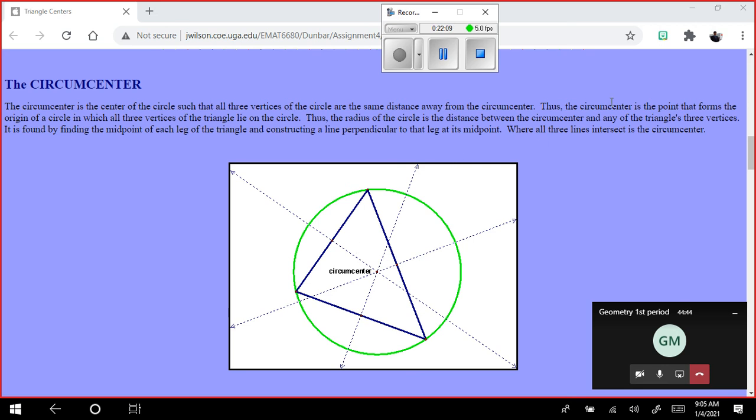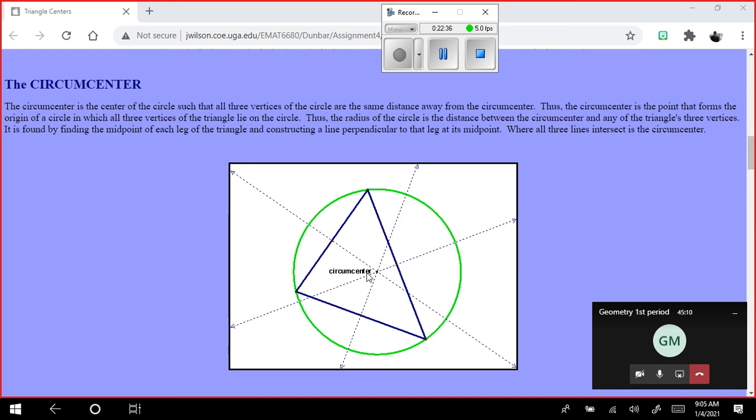Thus the circumcenter is the point that forms the origin of a circle in which all three vertices of the triangle lie on the circle. The radius of the circle is the distance between the circumcenter and any of the triangle's vertices. It is found by finding the midpoint of each leg of the triangle and constructing a perpendicular.